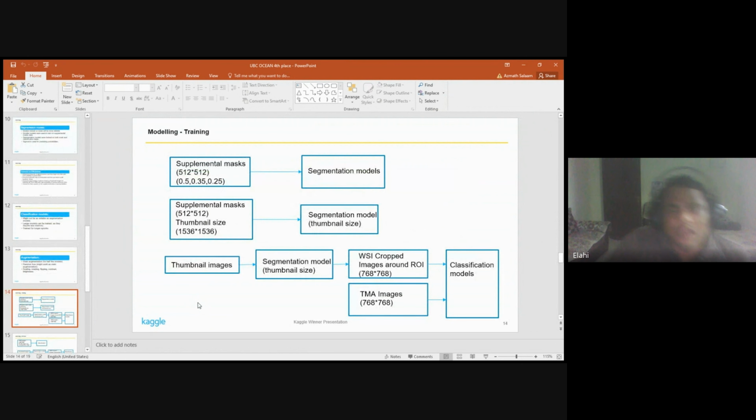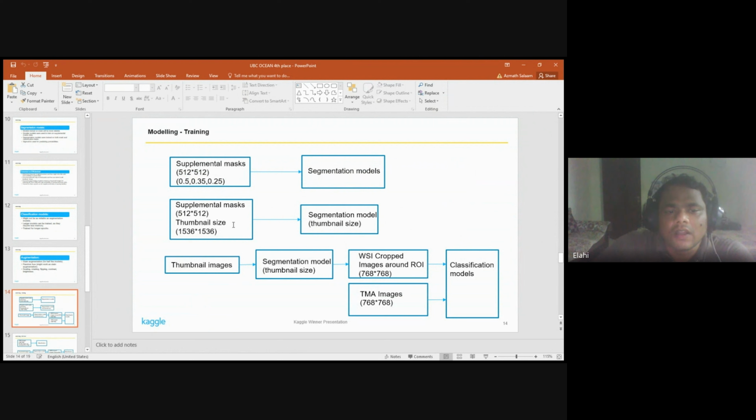Here is the summary of my training methodology. The supplemental masks were used to generate segmentation models. They were downsized to 0.5 size. These are for 8 segmentation models, and for thumbnails, I have used only a single segmentation model.